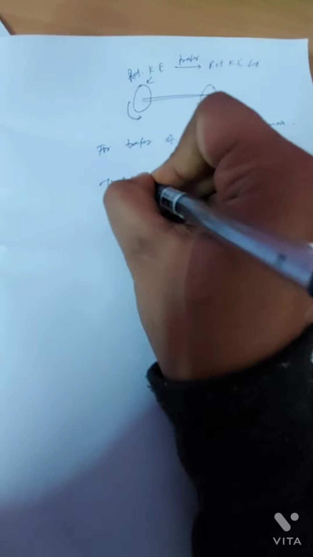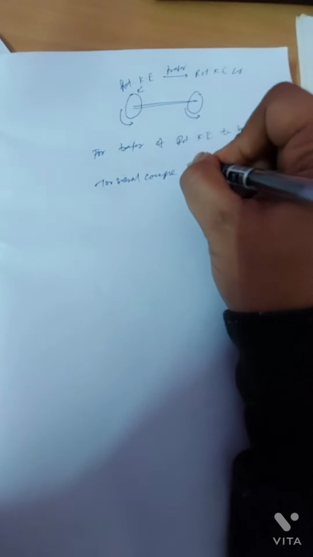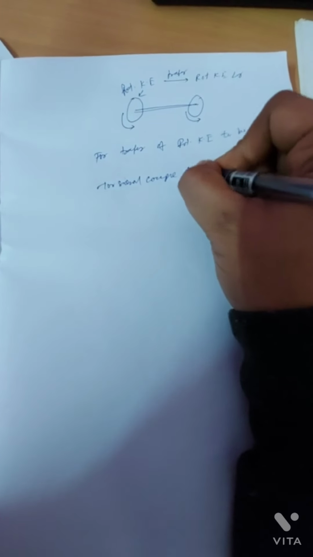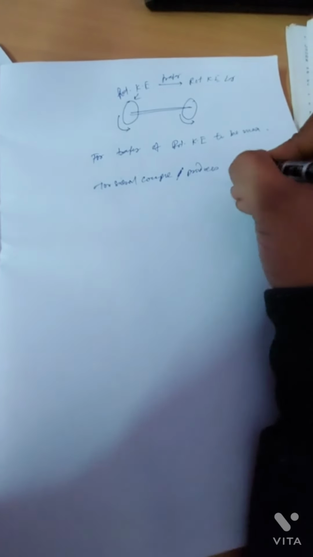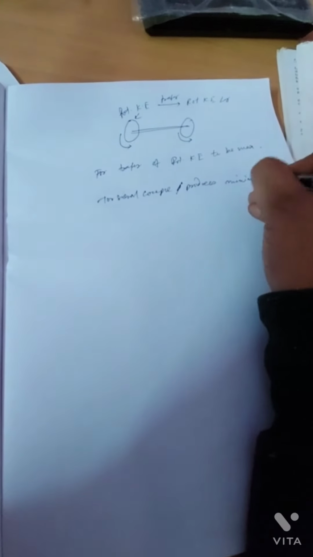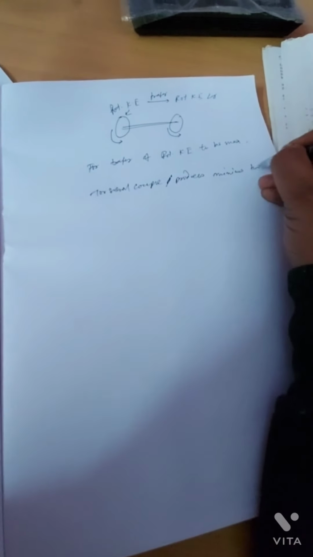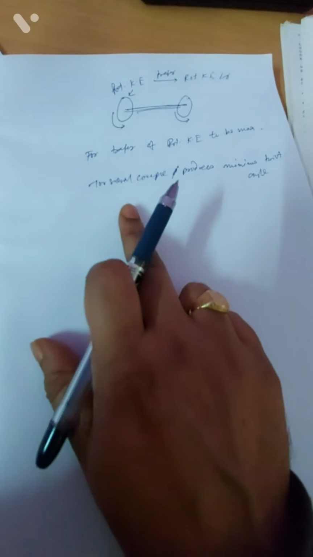We need that the torsional couple produces minimum twist angle. So if we rotate this one, this cylinder should twist less. If we apply a torsional couple or a torque, the cylinder should not twist more.